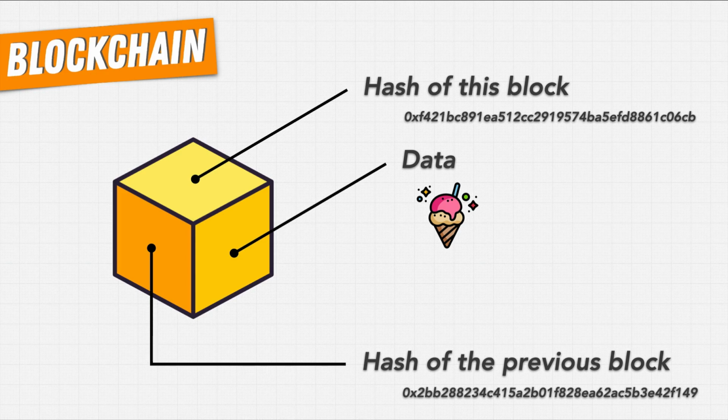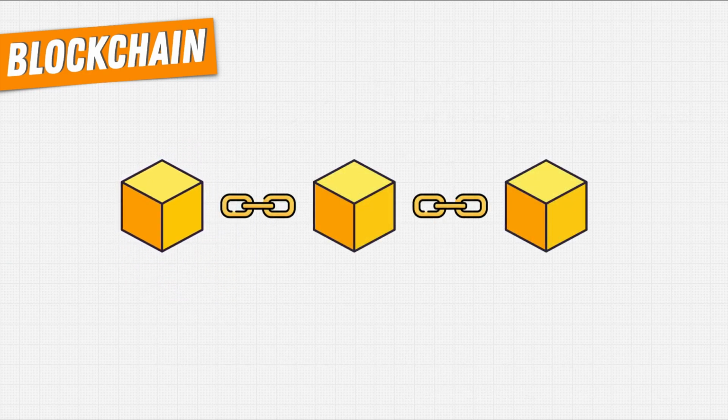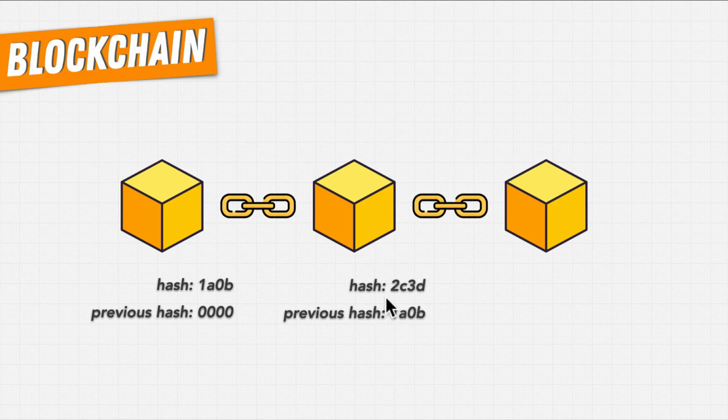Let's take a look at an example. Say we have a blockchain with just 3 blocks. Each of these blocks, as expected, has a unique hash. In the example here, I'm using these shortened, abbreviated hashes to keep things simple.